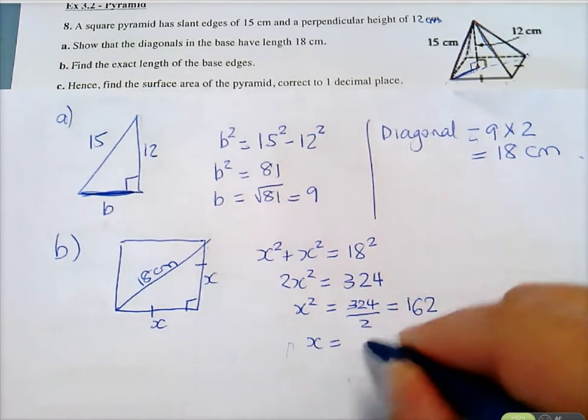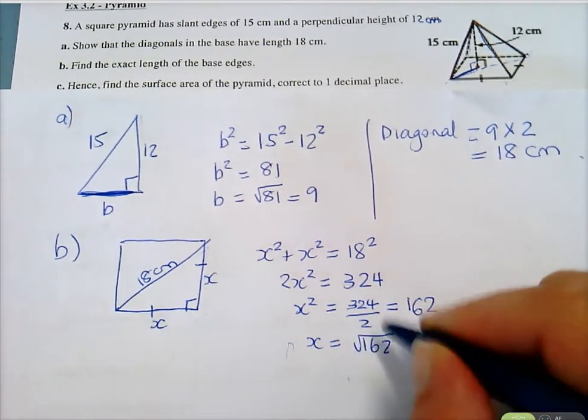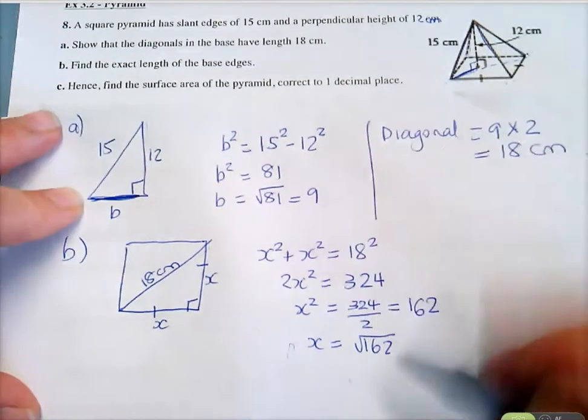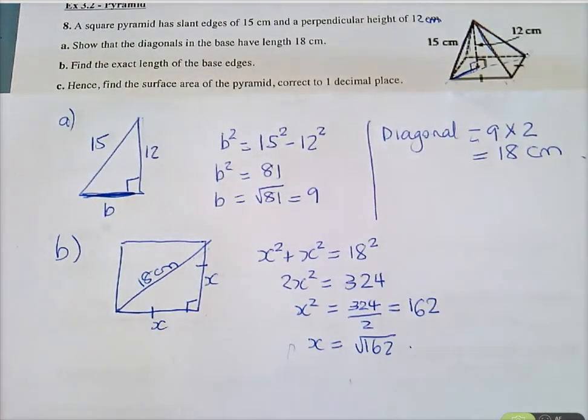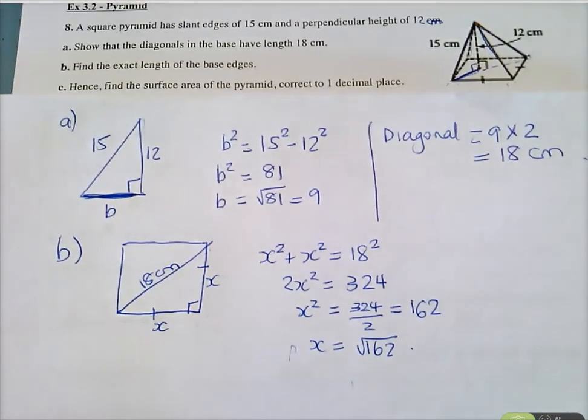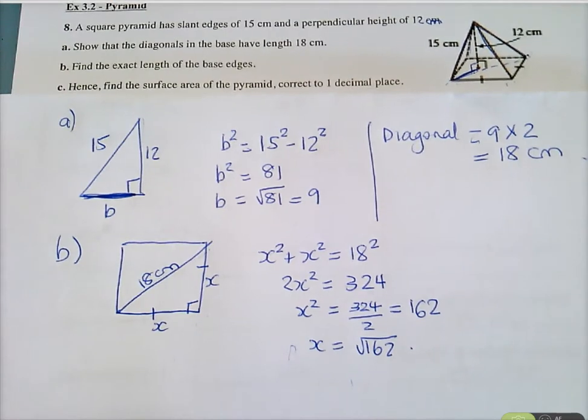So x is the square root of 162 if you want to keep it as exact. They want exact, so that's exact. Square root of 162 is about, whoops, I'm just trying to think, square root of 169 is 13, it's 12 point something.